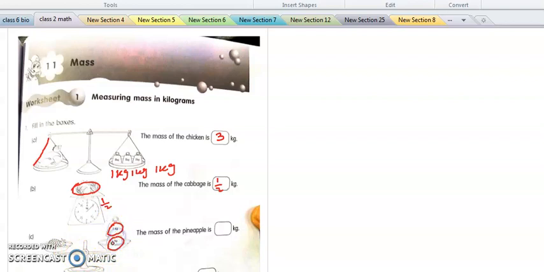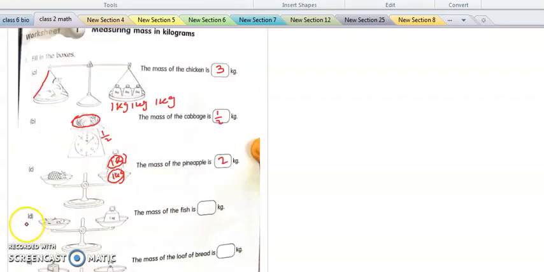Each object is having a mass of 1 kg. So the total mass of the pineapple will be equal to 2 kg. In the fourth diagram, the mass of the fish is equal to 1 kg because it gets balanced when we put a mass of 1 kg on one side of the scale. So the mass of the fish is 1 kg.